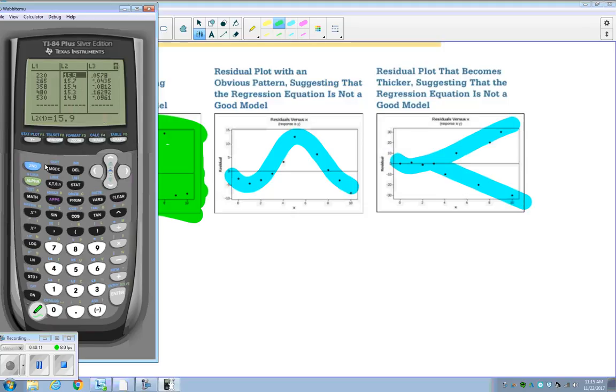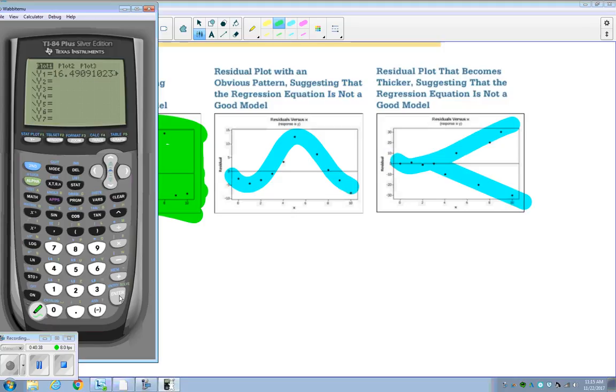So let's go to second quit. So I want to see my residual plot, though. I want to see what this looks like as compared to what one of those are. So I want to go to y equals. I want to cursor over on that equal sign for y1, and I want to press enter because it's going to turn that plot off.